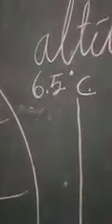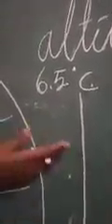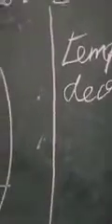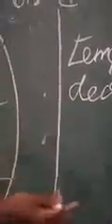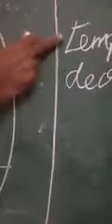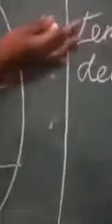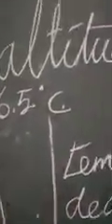When the altitude increases, the temperature decreases, at the rate of 6.5 degree Celsius for every 1000 meters of ascent. It is called the normal rate.